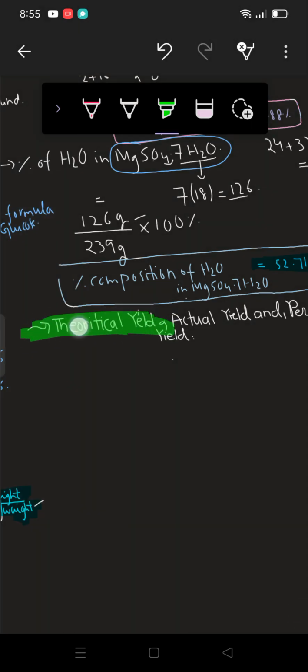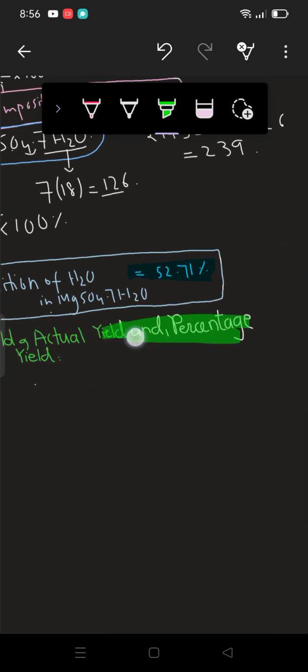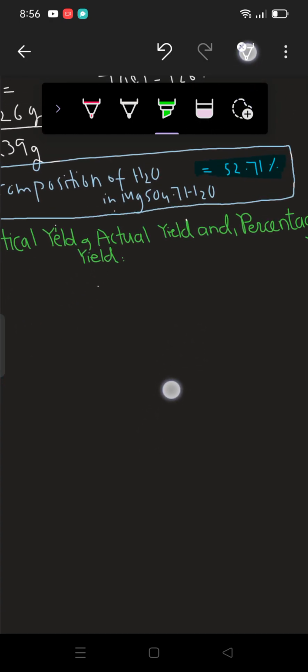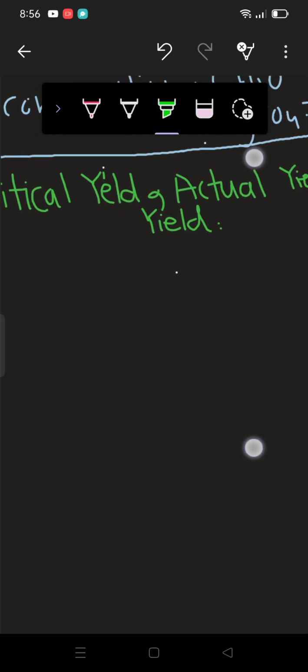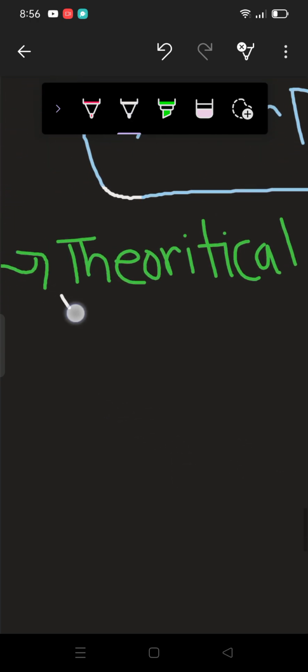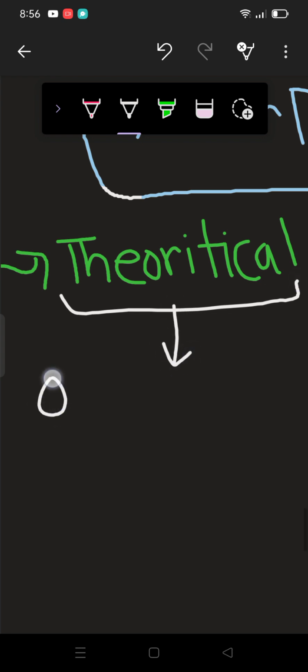Initially, what is theoretical yield? We need to know what is theoretical yield. So the quantity of a product which is calculated from a balanced chemical equation is called theoretical yield, right?